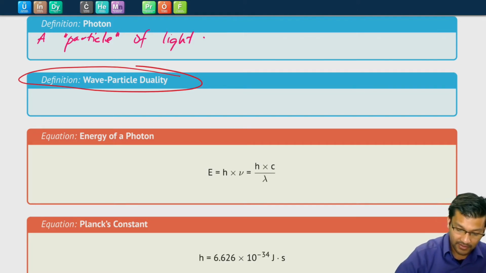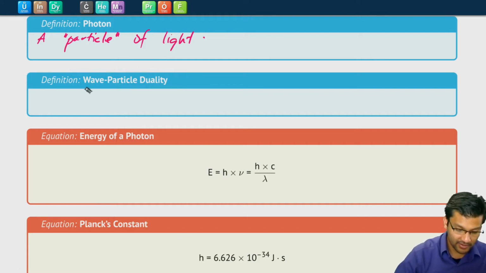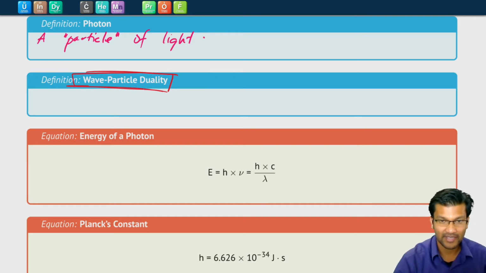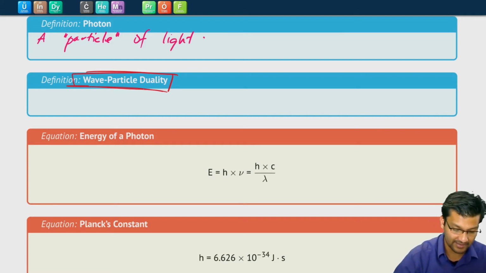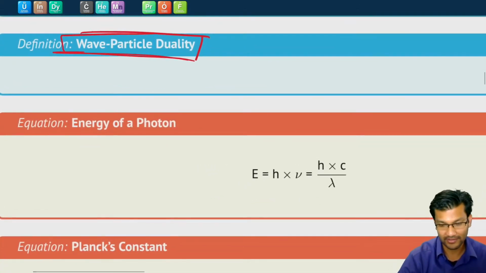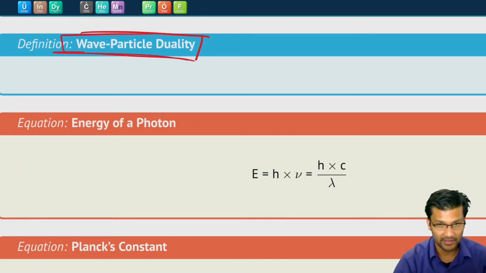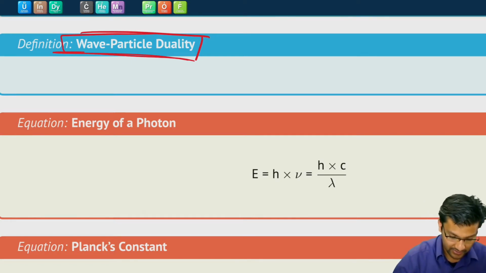Why it does so exactly is not quite understood. Just know that it does. People are still trying to figure out what exactly a wave-particle duality means for light or electrons, as we'll talk about later in this chapter. But just know that light has a wave-particle duality, and as we'll learn later, electrons also have a wave-particle duality.